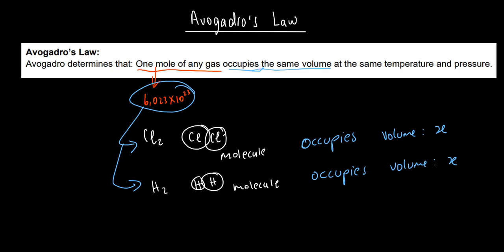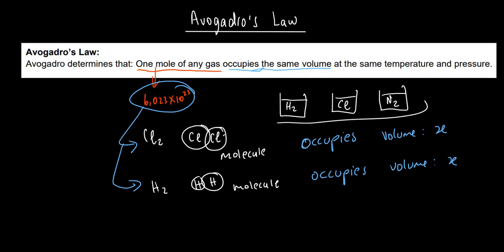And 6,023 times 10 to the power 23 of any other gas is going to occupy volume X, provided that those gases, so this is like you having containers. This is a container for hydrogen molecules, this is a container for chlorine molecules, and then this is a container maybe for nitrogen gas molecules. So we're saying all of these gases are going to occupy the same volume.